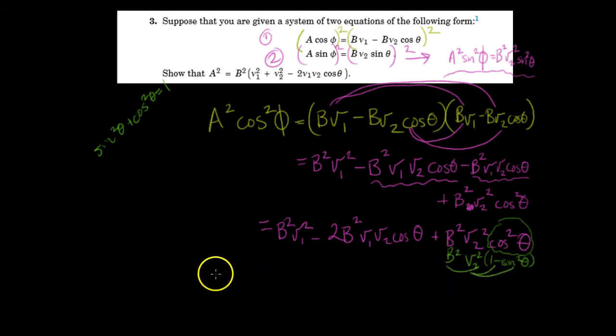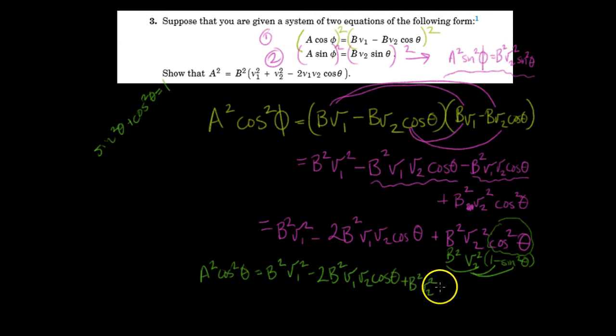By expanding this, and remember on the left-hand side we have a squared cosine squared phi equals b squared v1 squared minus 2b squared v1 v2 cosine theta plus b squared v2 squared minus, let's see, we've got b squared v2 squared sine squared theta.